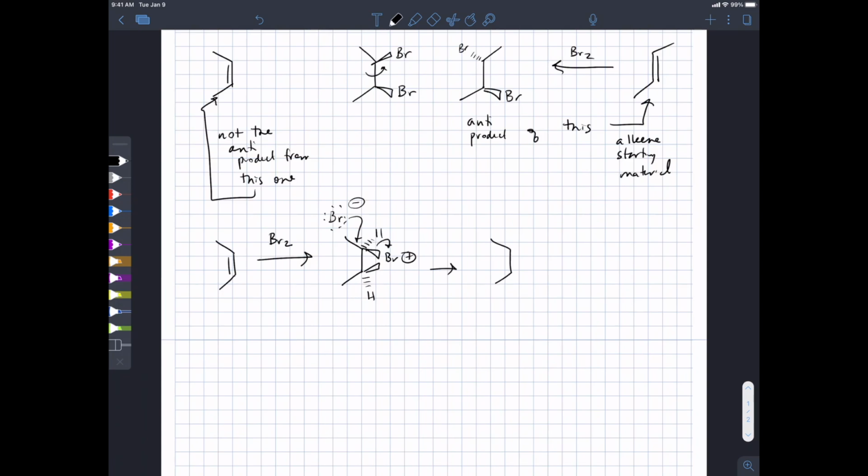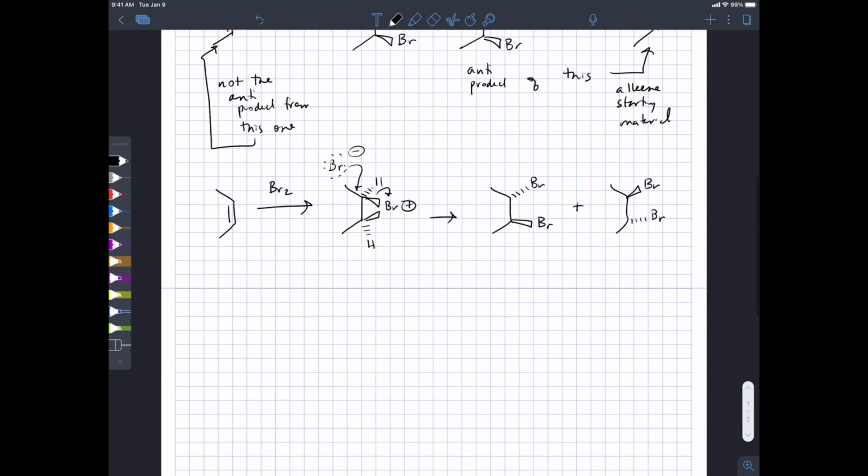Leaving group would leave. We'd end up with this stereoisomer plus the other enantiomer. Oops. But notice that through rotation around a carbon-carbon bond, I could easily make it look like this wasn't an anti-product, right?